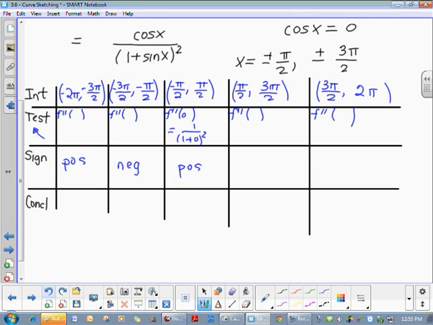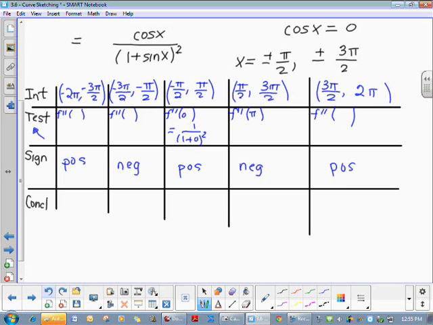Continuing from positive pi over 2 to positive 3 pi over 2, we would get negative. You can test pi in there very easily. You can try that one on your own. And then at the end here, we find once again that we're going to be positive from 3 pi over 2 up to 2 pi.